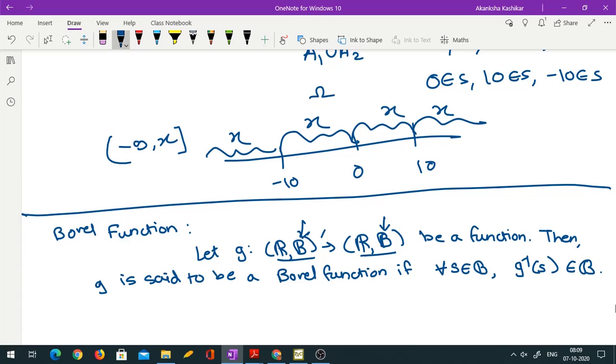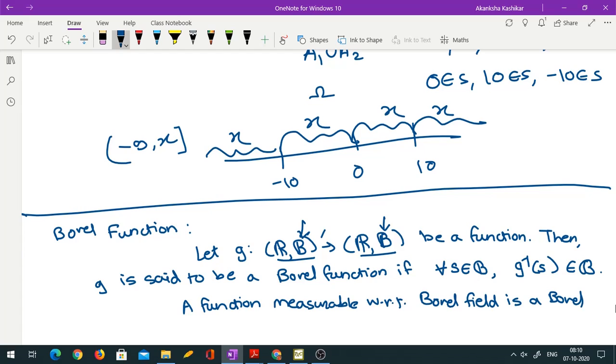So basically we are saying that a function measurable with respect to the Borel field would be called a Borel function. Is it okay?